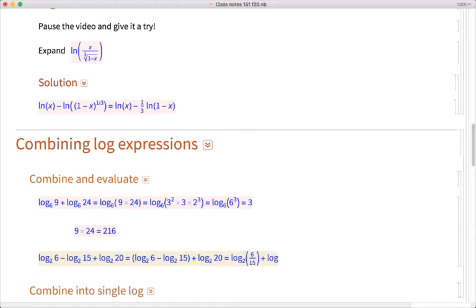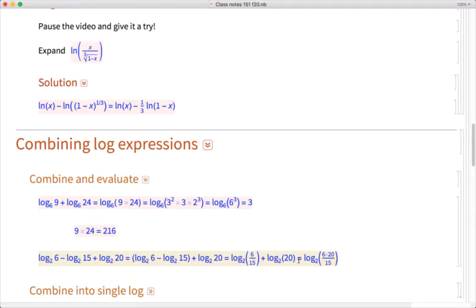And then we're still dealing with this other log being added on. So this is the sum of two things. So the log law says that we can take the single log of the product. The product is 6 over 15 and 20.